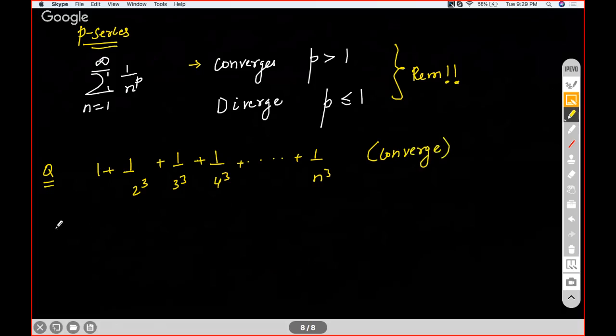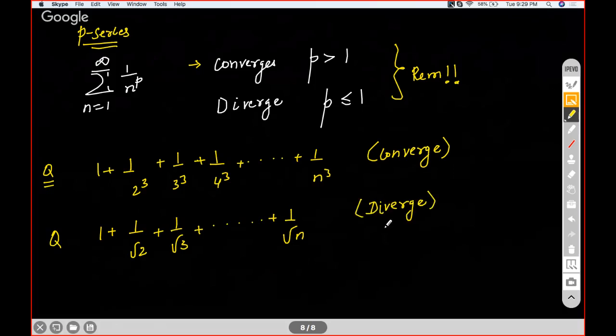What about this? Divergent. The power is half, which is less than 1, so this will diverge. Are you getting this point? How it works?